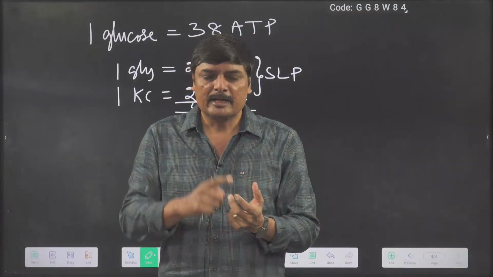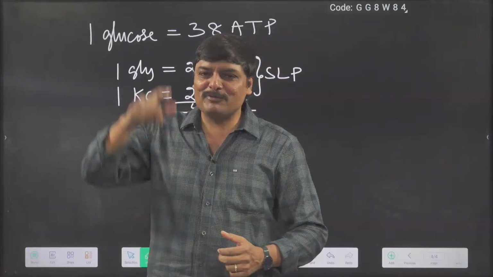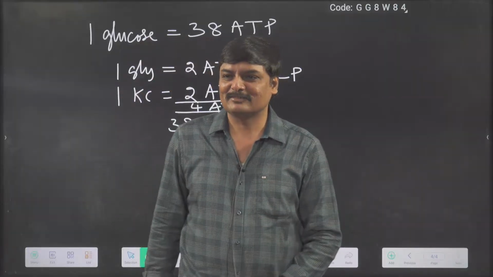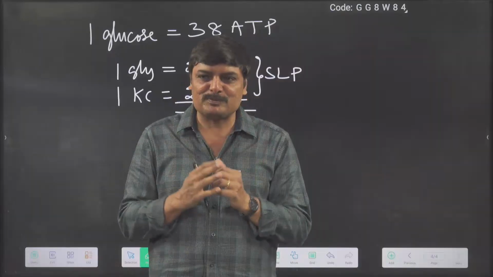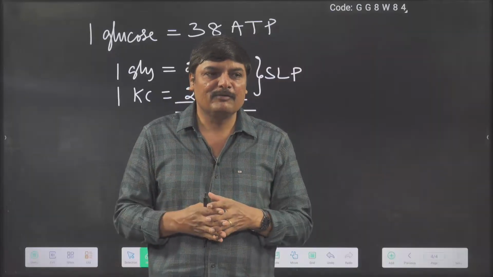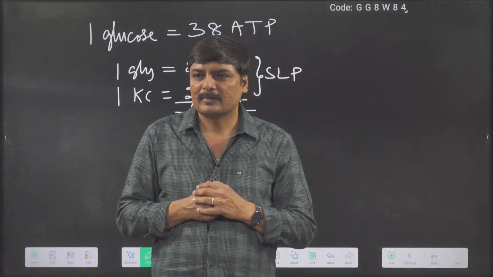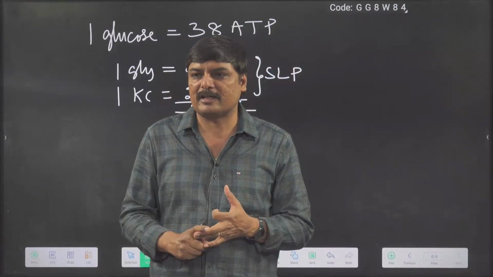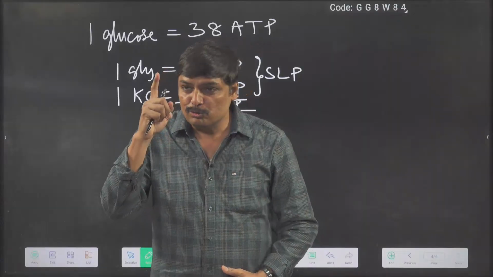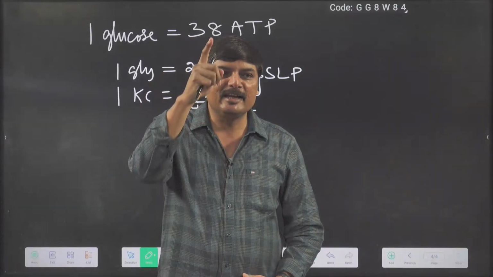No. In Krebs cycle also, no role of oxygen. We are talking about aerobic respiration, but still we didn't see the role of oxygen. But you will see the role of oxygen in ETS.